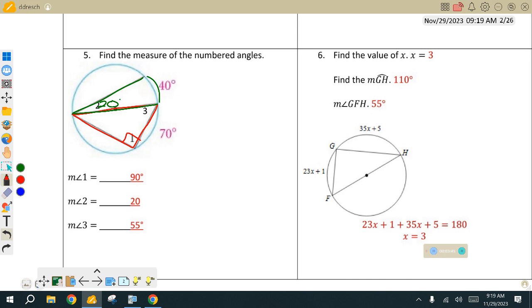Now the last one there, angle 3. Again I trace it out. Angle 3 is another inscribed angle sitting on the circle. When I trace it back, I see it's this blue arc right here, which I've got nothing on. But back to that diameter again. The diameter cuts us into 180.